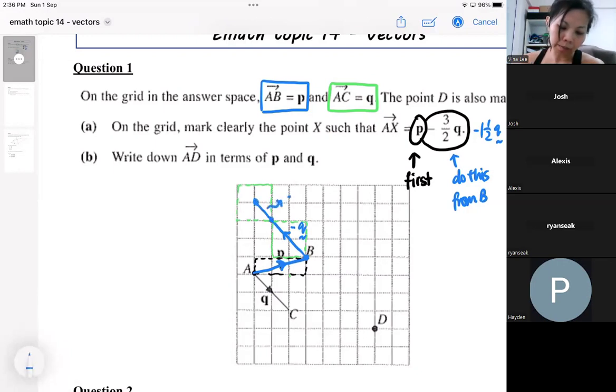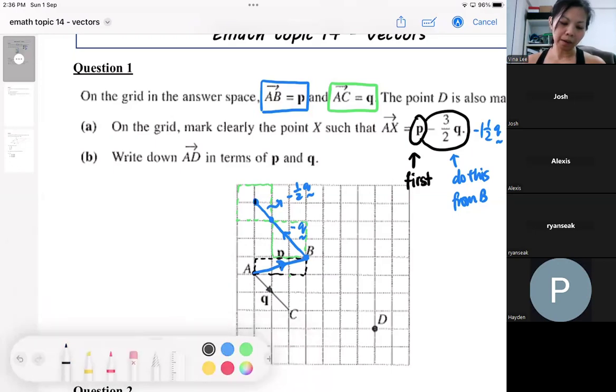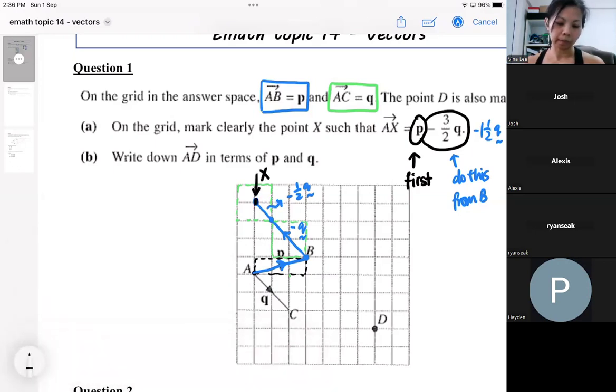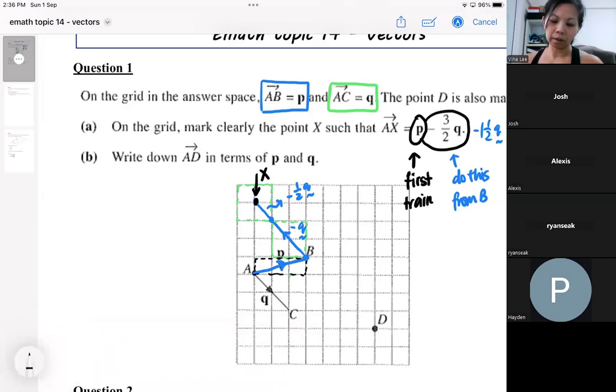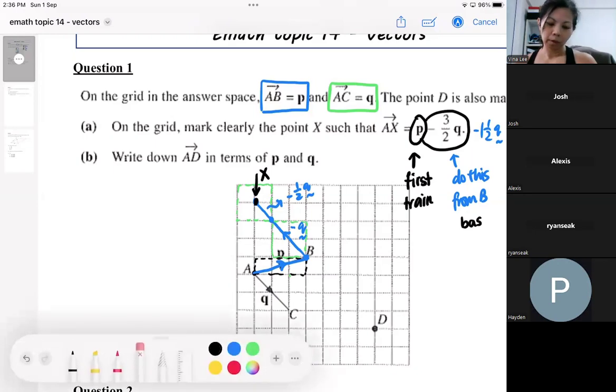So this part is the minus half Q. Every 4 squares will give you a vector Q, but if you don't want the full vector Q, you still can count the 4 squares, but you don't go the full one. So this will be my X. You visualize it as taking a train, and after taking a train, you take a bus. So there are 2 journeys, and X will end up being there.